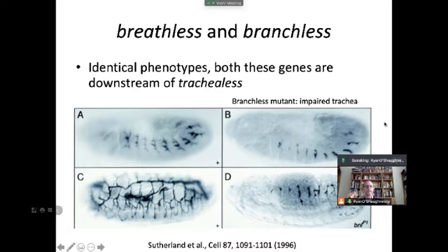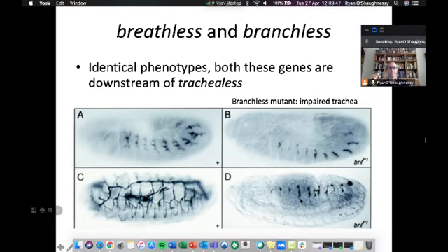So two of the key downstream targets of trachealess are two genes called breathless and branchless. The mutants of these genes have identical phenotypes. Both of these genes are downstream of trachealess.